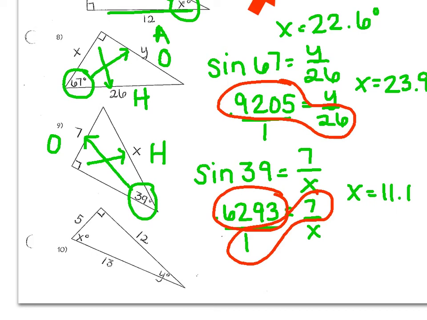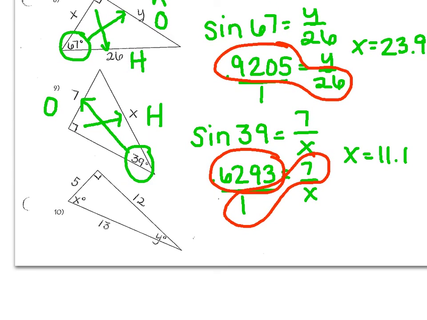And on number 10, you have lots of options for this one. Let me see if I can find some more room. Oh, this should be plenty. I'm looking for angles. So right away, that should be a hint to you that I'm going to be using some inverse trig. But I have all three sides, so I can set up any ratio that I want. So let's just look at this angle x.